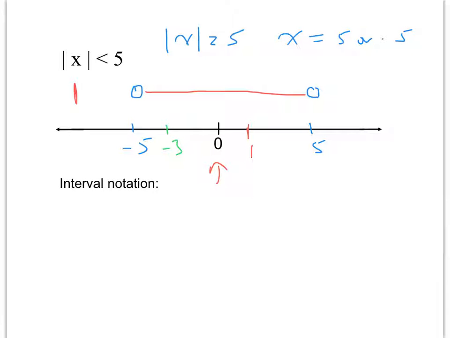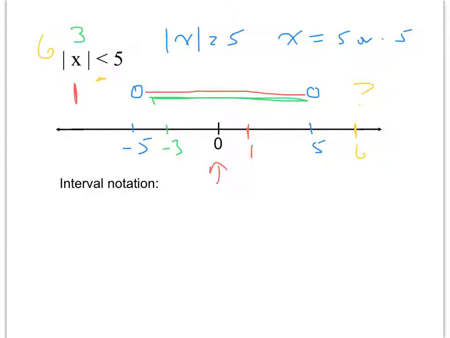The absolute value of negative 3 is 3. 3 is less than 5, so 3 also worked, in between. If I had thrown in a point outside of my critical values, like for example 6, the absolute value of 6 is 6. 6 is not less than 5, so therefore 6 didn't work, so that's not part of my solution.